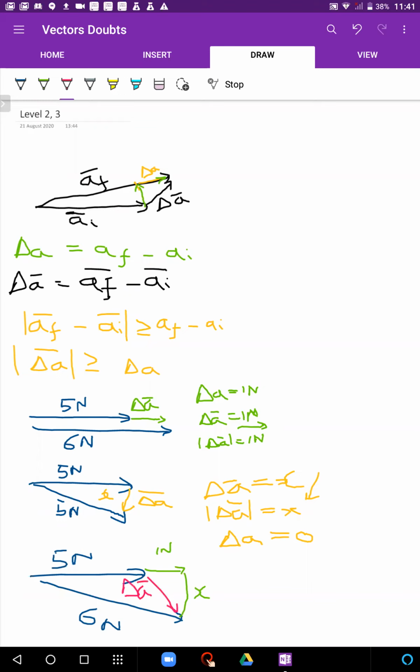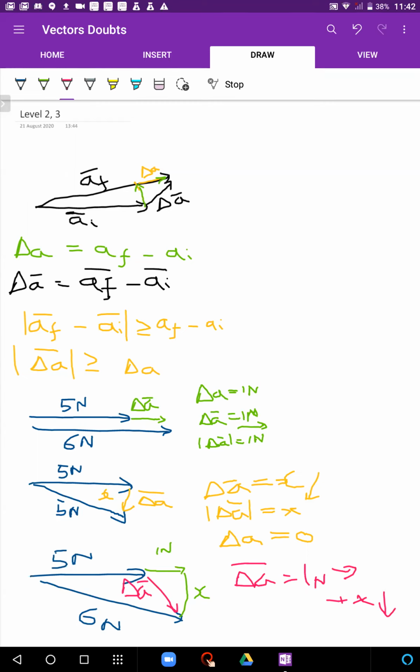Can you see how delta a bar का एक component है magnitude change, 1 Newton, and एक दूसरा component है due to direction change. Okay, and this is the reason why delta a bar is greater than just delta a.